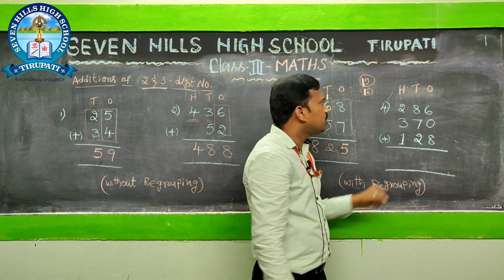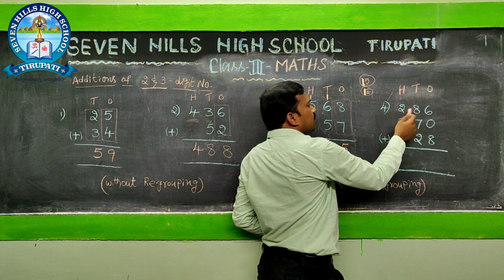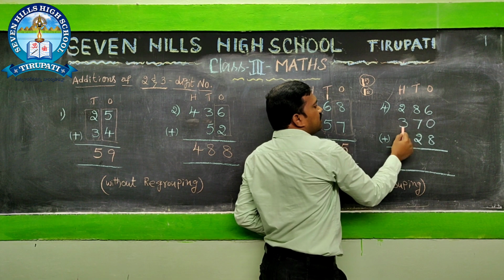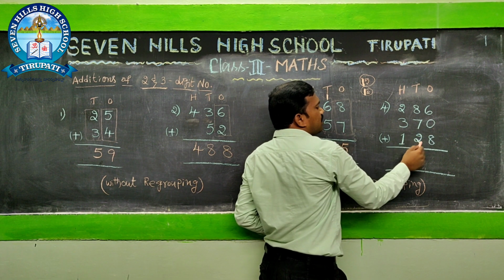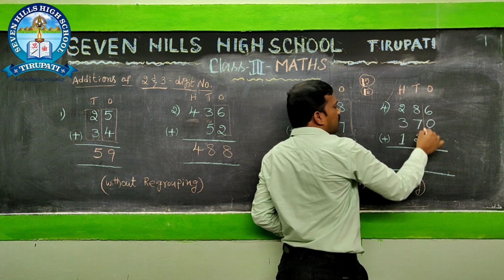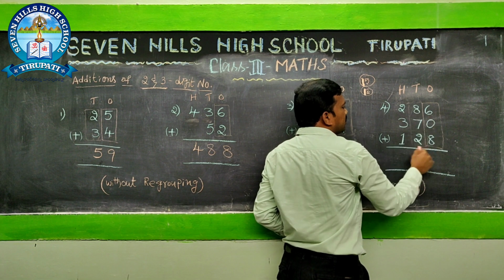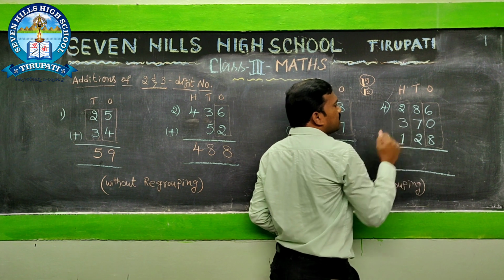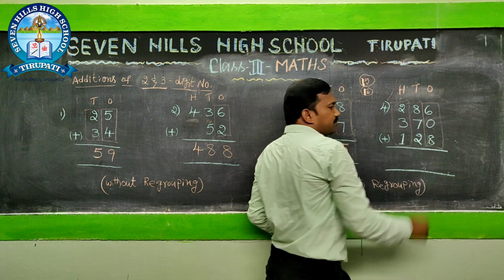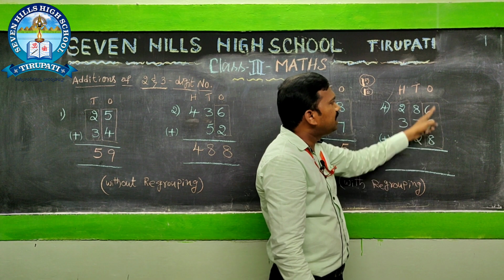Now coming to this question, here 3 rows are there, 3-digit numbers: 286, 370, 128. Add first the ones column, after that the tens column, after that the hundreds column. 6 plus 0 plus 8. 6 ones, 0 ones, 8 ones.